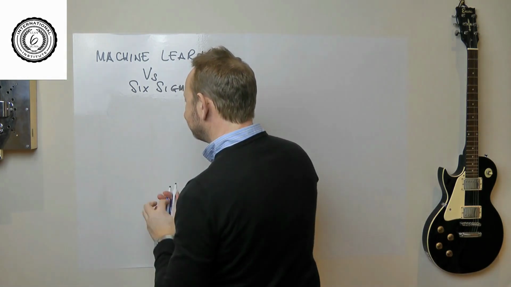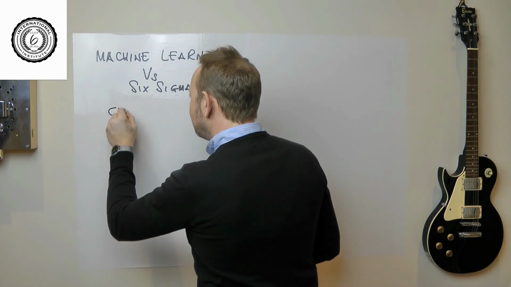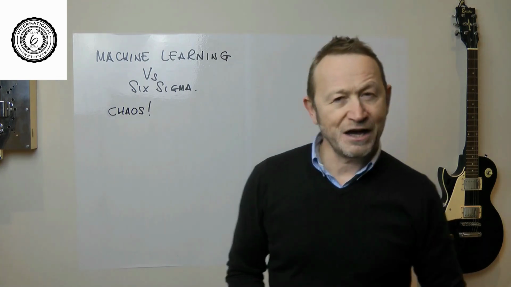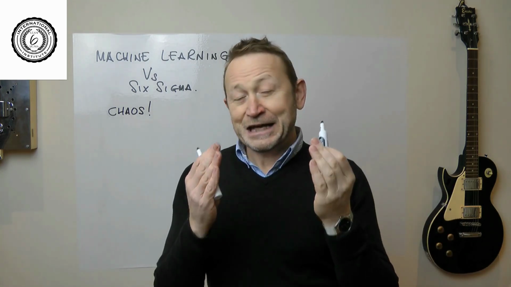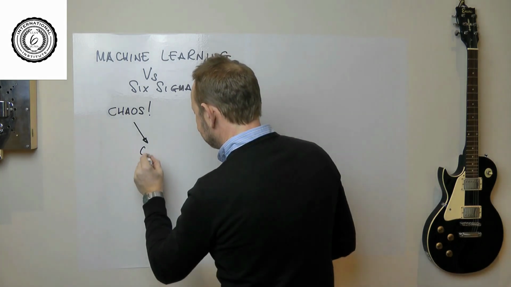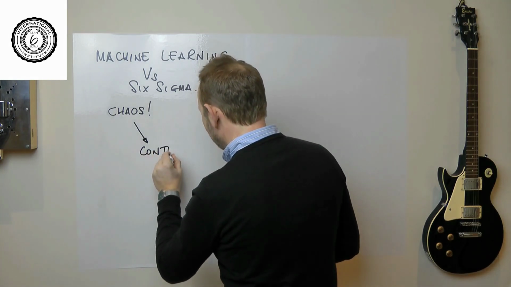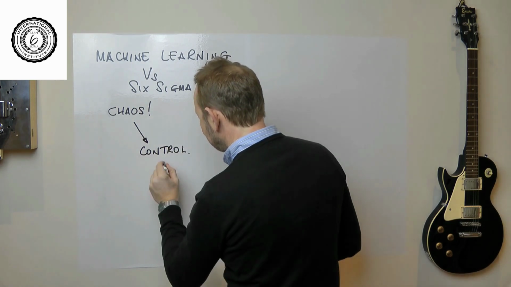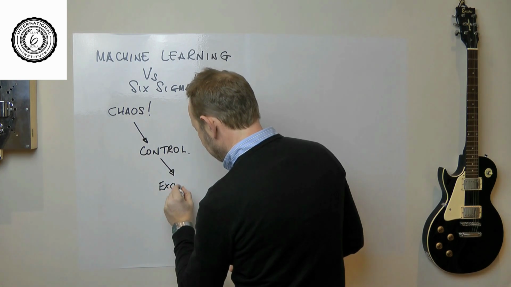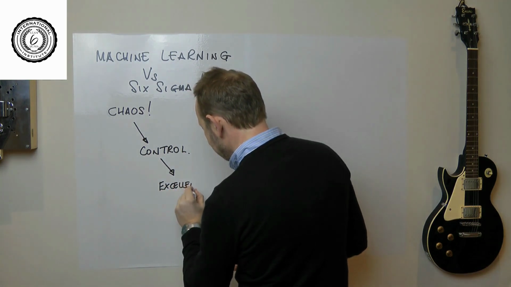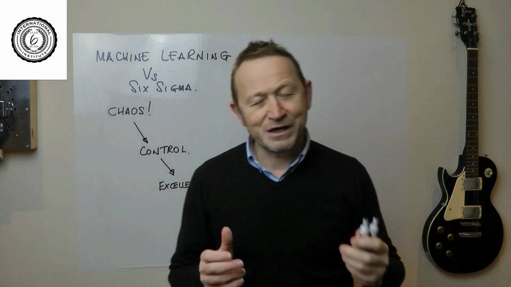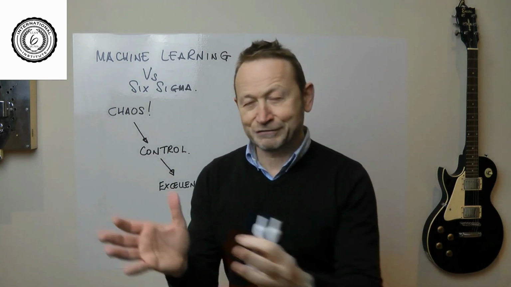Your process could be in a state of chaos. It could be in a state of control, or it could be in a state of excellence.